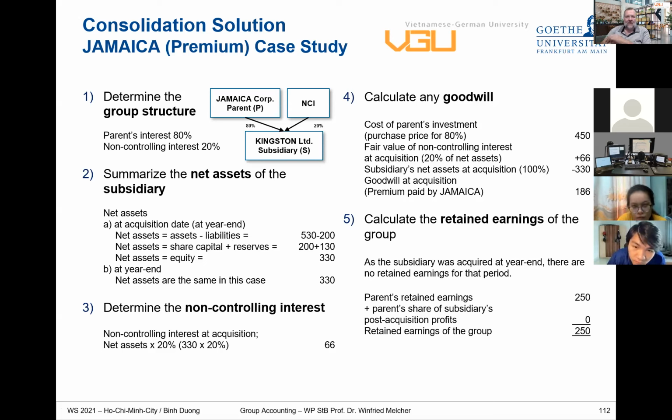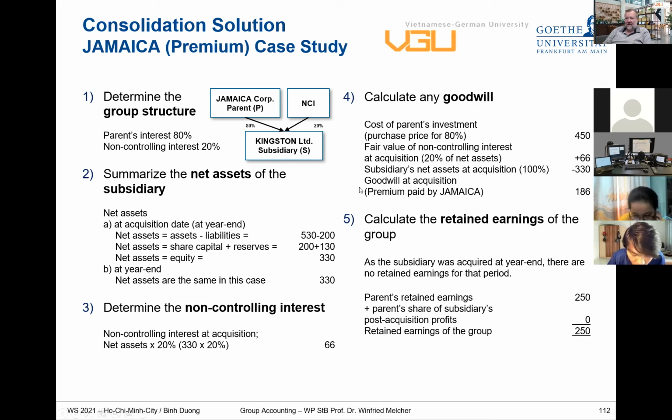Well, then we're able to calculate the retained earnings of the group. Basically, the retained earnings relate to the shareholders, because we have calculated the NCI in a different account. So the retained earnings relate to the parent only, to the shareholders of the parent only.